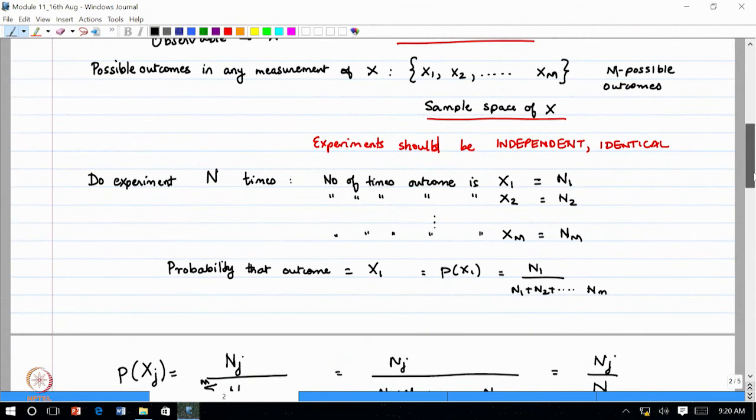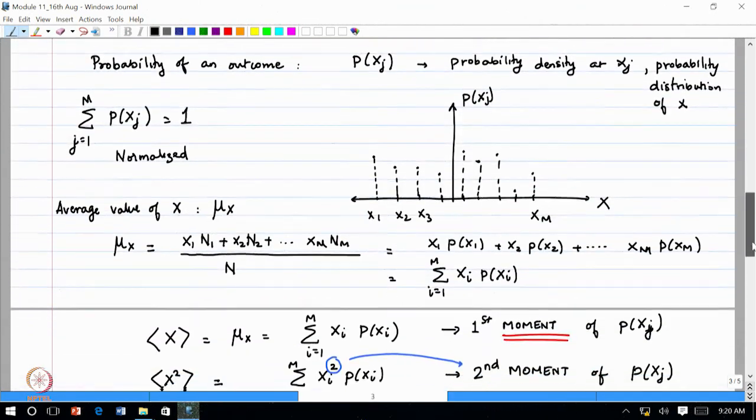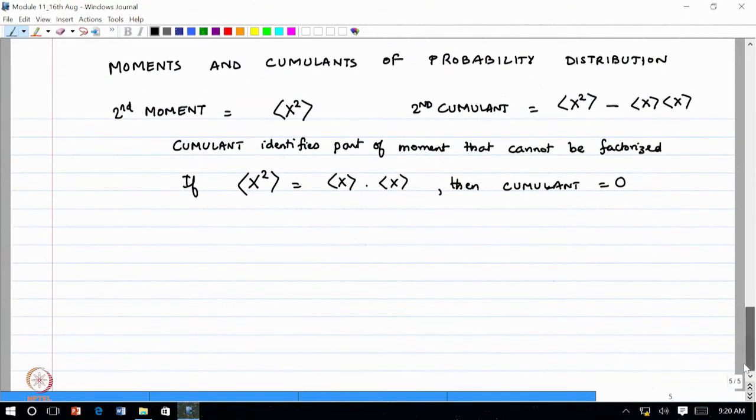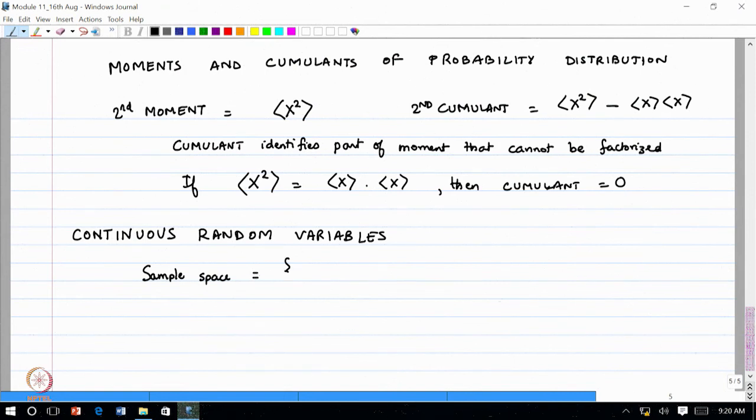Now, if your space of outcomes becomes continuous, the basic idea is that your sample space becomes, let us say, minus infinity less than x less than infinity.